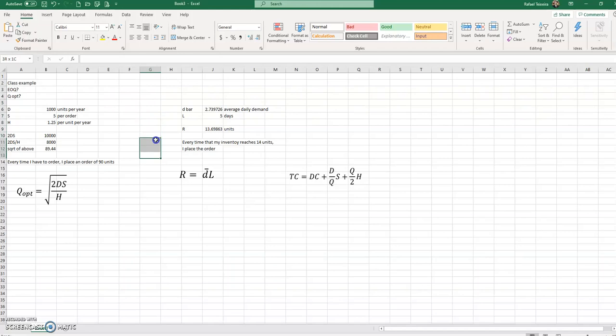When it reaches 14 units, I place an order because it's going to take 5 days to get the materials. And when it's almost done, I get 90 more units. This is how you find it. This answers how many units to buy. This answers when to buy the units.